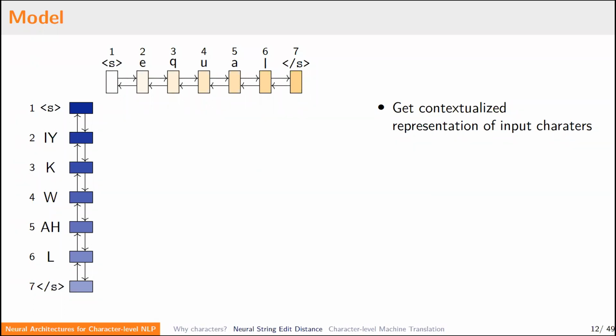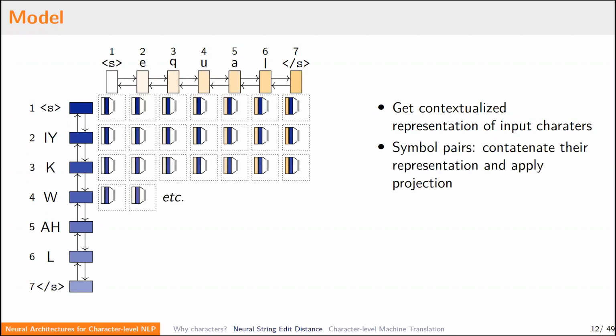So we have one contextual vector for each input symbol, and then we use them to get a representation for each symbol pair by concatenating these vectors and doing a nonlinear projection. So in this stage, for each symbol pair in the source and the target string, we have a vector representation.